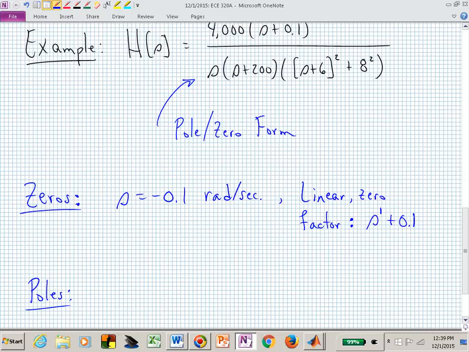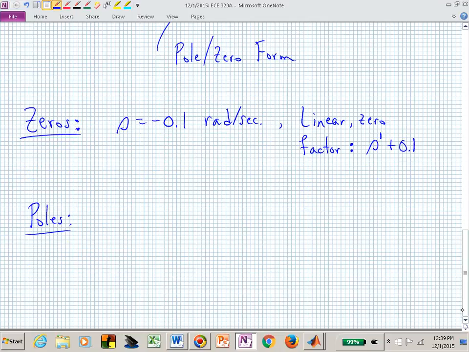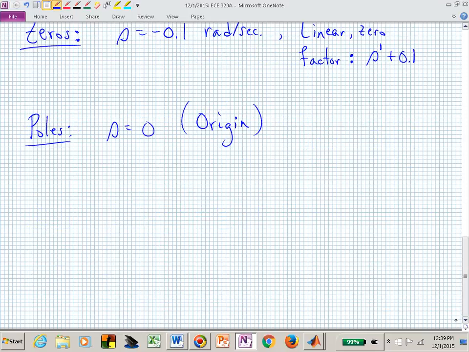They're minus 6 plus and minus j8. So we write those down. We have a pole at the origin, and that's going to have particular behavior in the Bode plot because it doesn't have a constant added to it. It's right at the origin, so we'll distinguish that in our sketches.